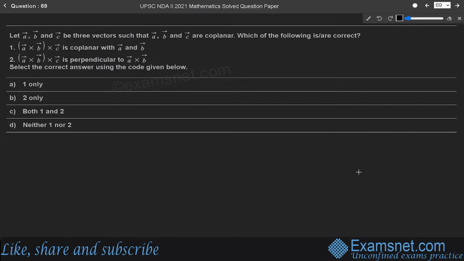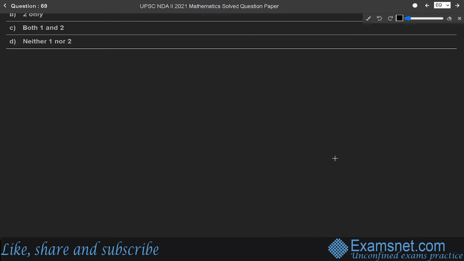Before moving on to the question, there is a very basic concept that you need to understand, and the concept is A vector cross (B vector cross C vector). This is a condition, and in this condition A vector is coplanar and A vector cross B vector is perpendicular to C vector.